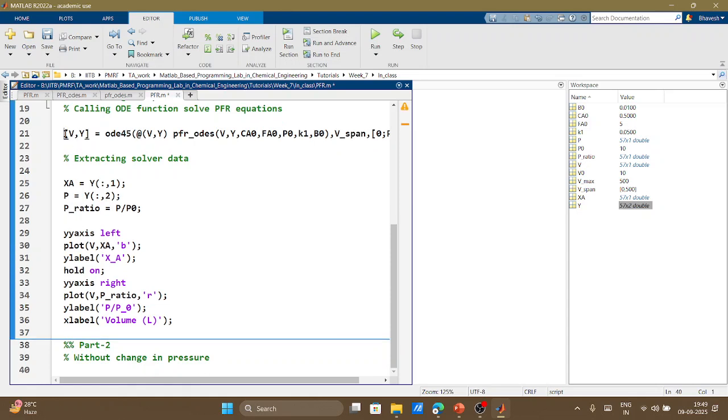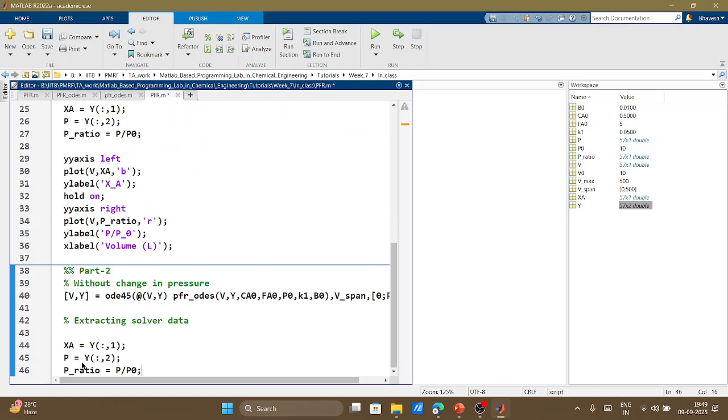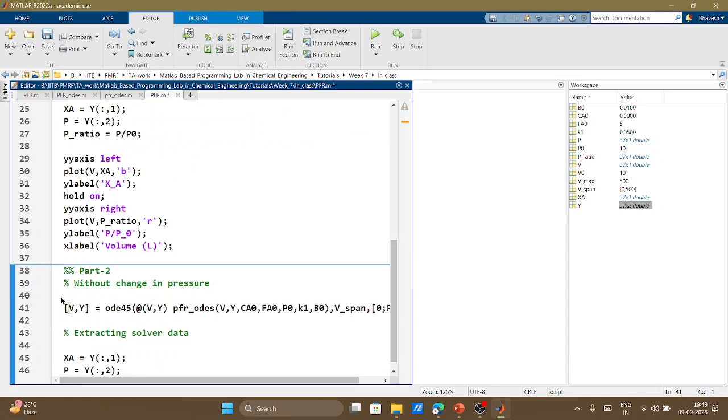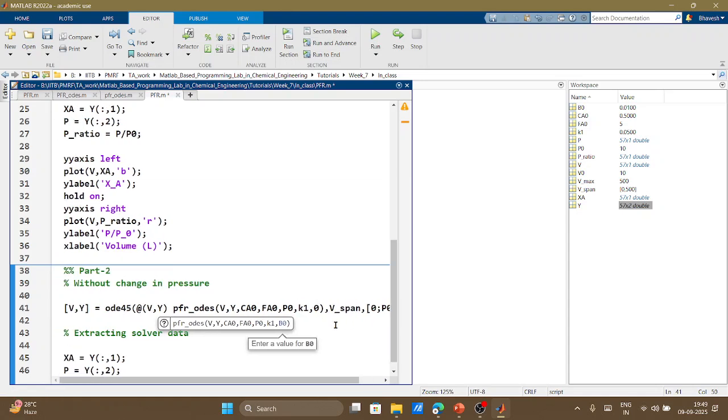I will call the same ODE, extract out the same information, just I will give them a different name. So instead of beta 0 here, I will put the value of 0. Okay, so that second equation itself becomes null.